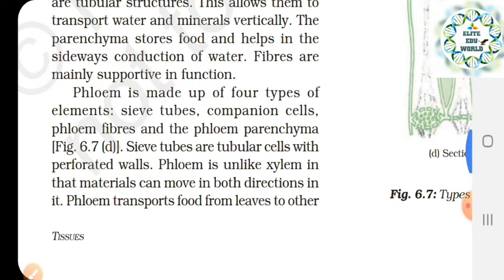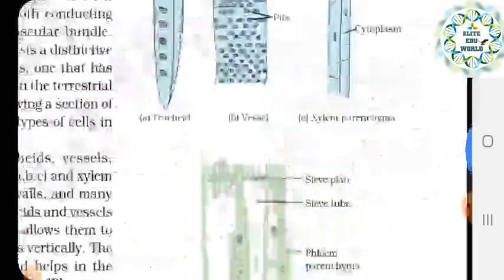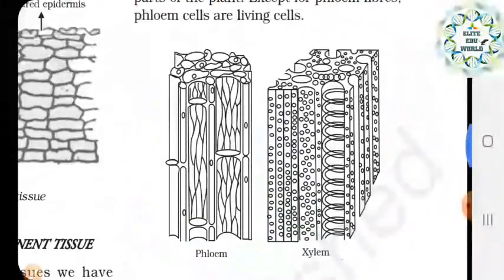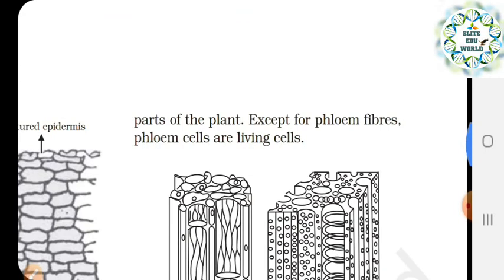Now, phloem transports food from the leaves to other parts of the plant. We have already discussed that food is made in the leaves only, and it should be transported to all parts of the plant. Except for phloem fibers, phloem cells are living cells, because the fibers are only for protection.